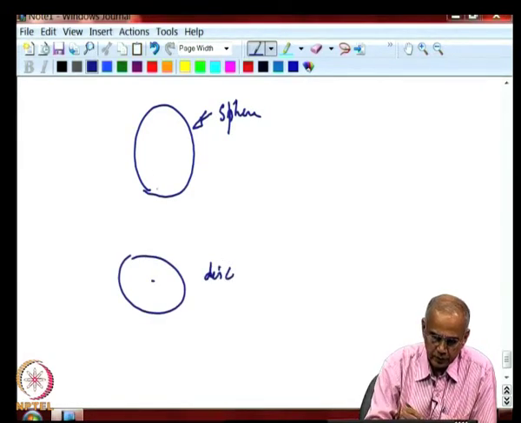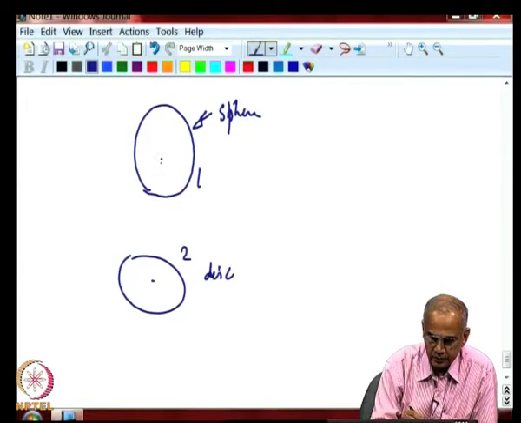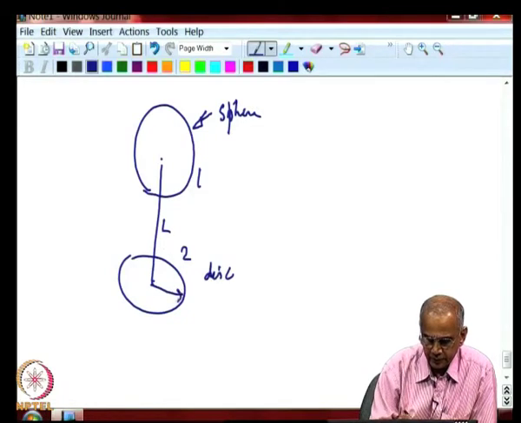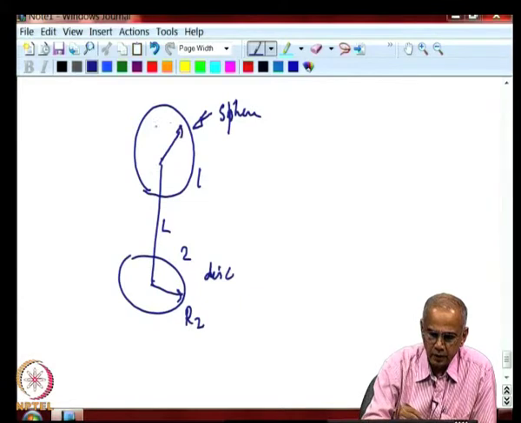Sphere is 1, disk is 2, and you are given this length is L, and this radius is R2 and this radius is R1.